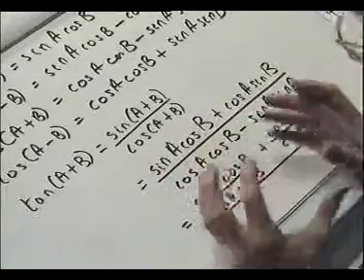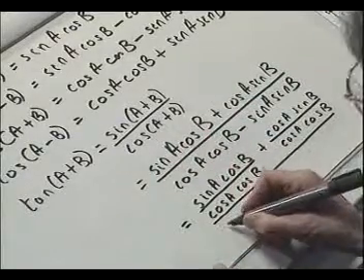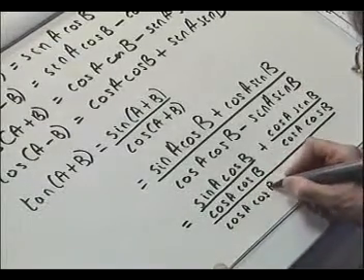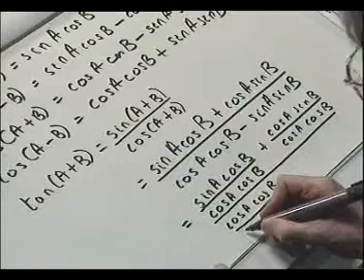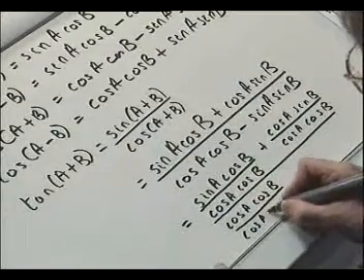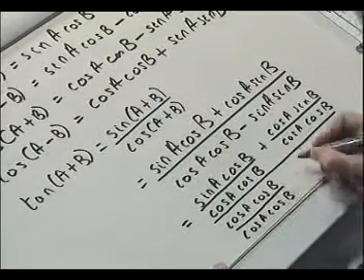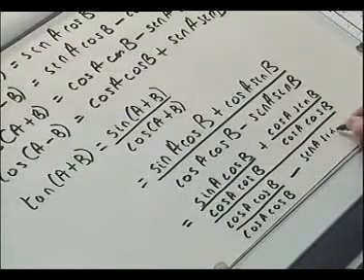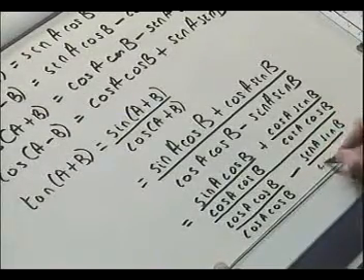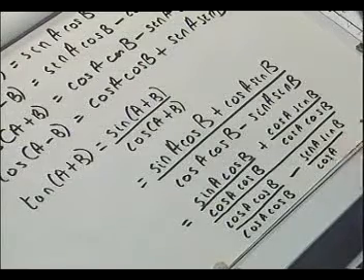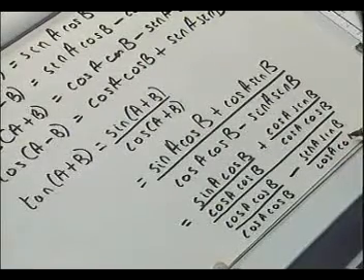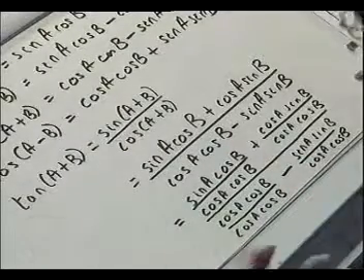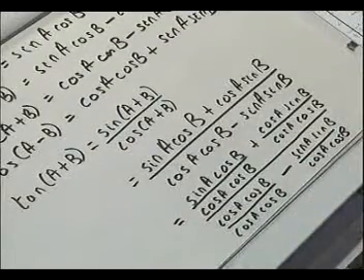I must do it to all of the terms to preserve the equality. Now that looks absolutely awful, absolute massive algebra. So how can we make it any simpler?